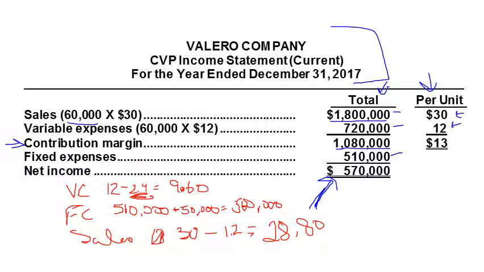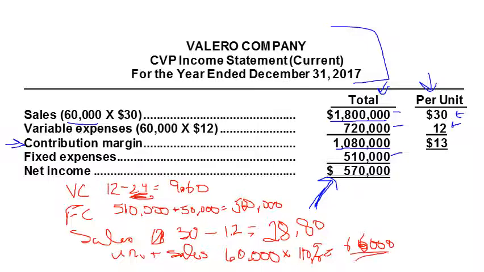And our unit sales, so marketing says that the number of units is going to increase by 10%. So our units is going to be 110% of what it was in this period. So the number of units we're selling should be 66,000 units. So when we go to the next page to do this, those numbers will be the basis.